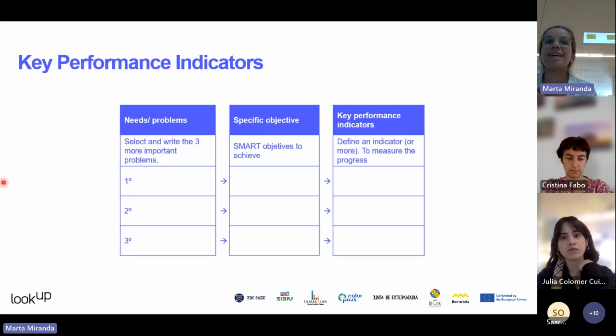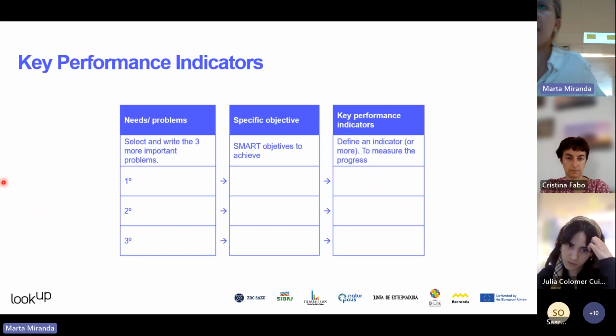So to select the best key performance indicator for our business, we propose you three steps. The first thing is to select the most important problems you want to solve. Then to specify an objective, a SMART objective.